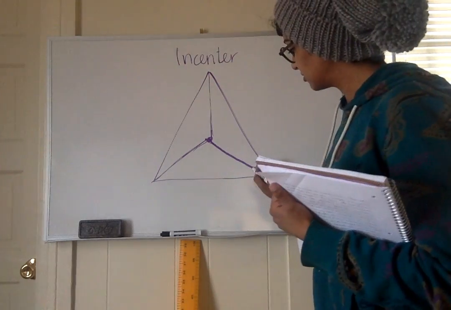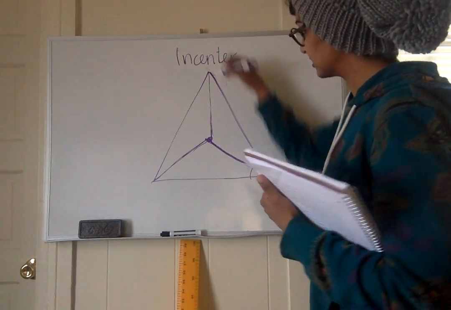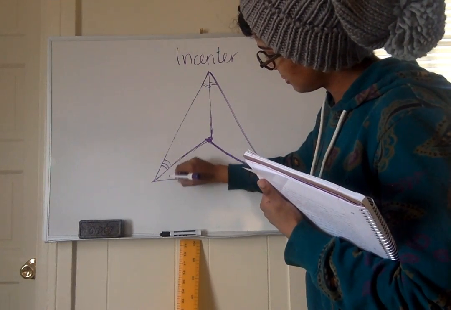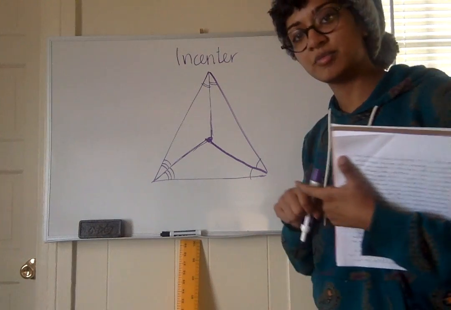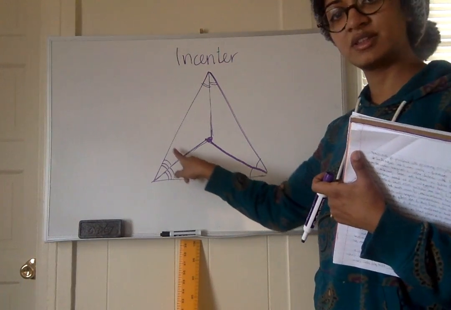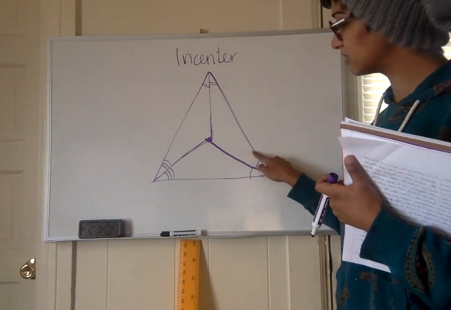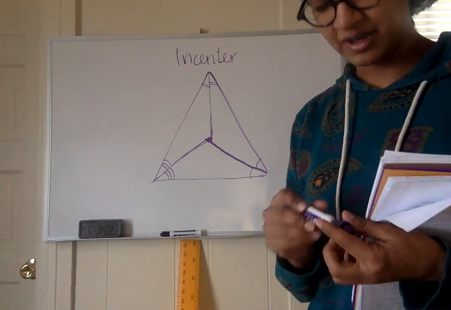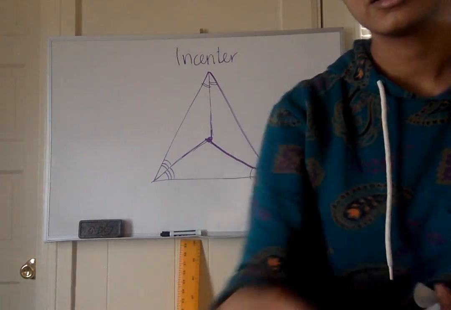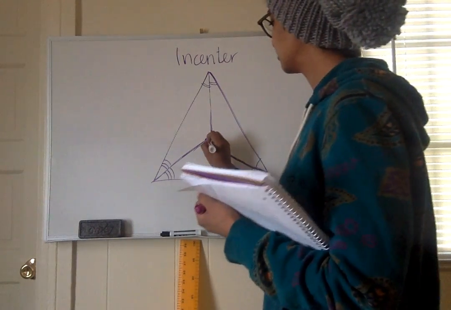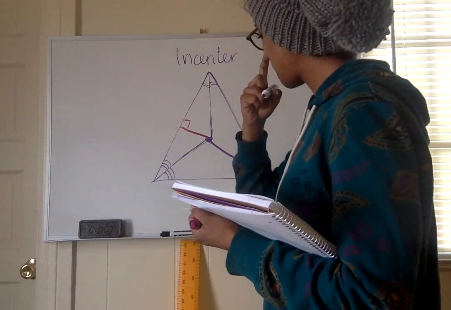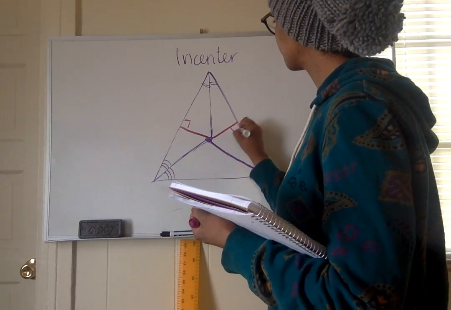Okay, so I know it's made up of my angle bisectors. So both sides, this one can go to this one, this one, this one, this one, and this one. Okay. Now, if I have my incenter, then the segments from the point to the sides are going to be congruent, equidistant.